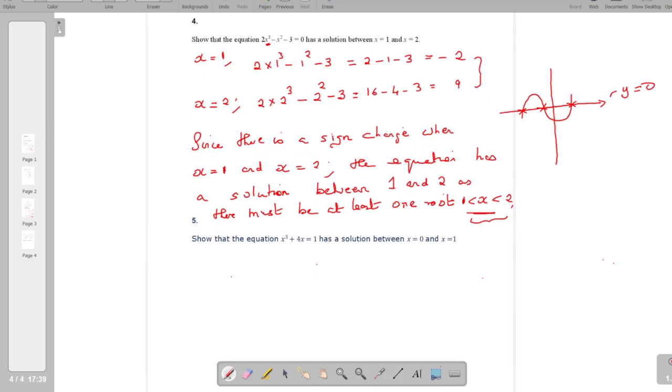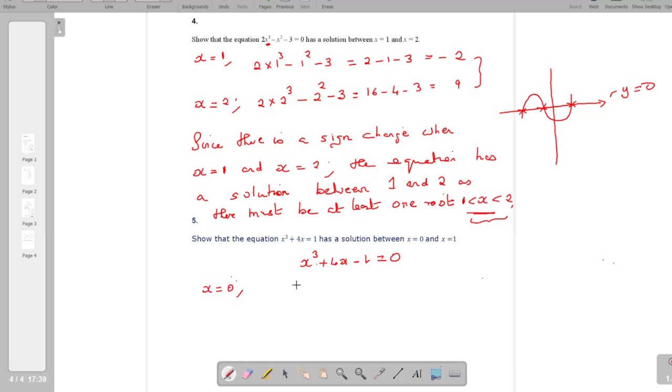Question 5. Show that the equation x cubed plus 4x is 1 has a solution between x equal to 0 and x equal to 1. So first thing what we do, we bring the 1 to the other side, make it an equation like this. Then we are going to substitute x equal to 0 here.